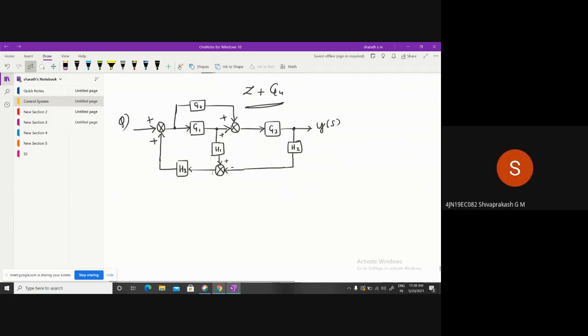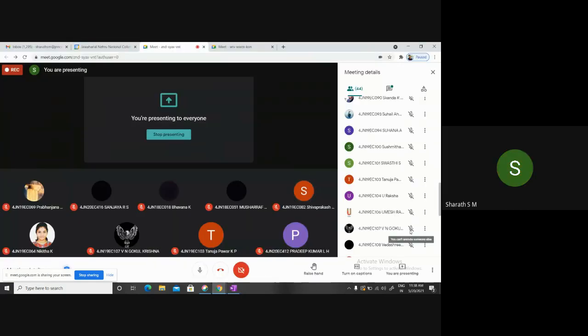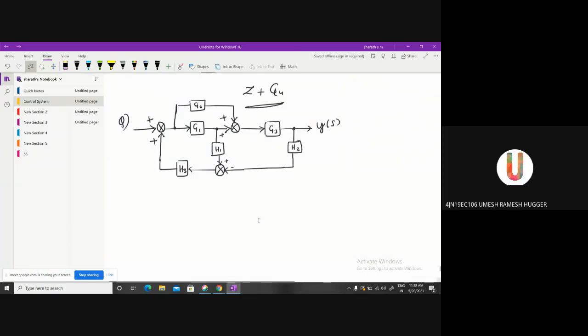Yes, sir. What's the first step here? H1 is shifted to left, sir. So once we shift the H1 towards left side, what's the alteration for this block? For H1 block? 1 by G1, sir. Is it a product or division? Division, sir.